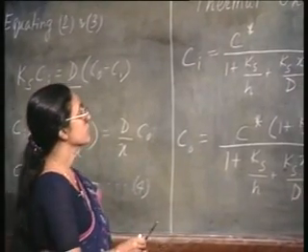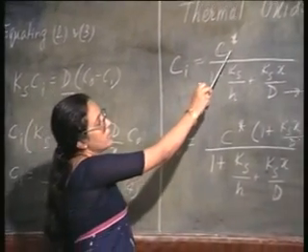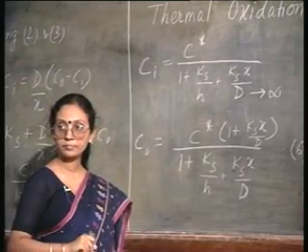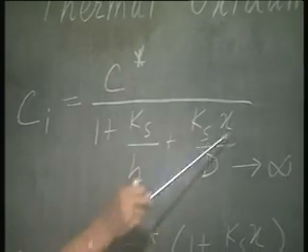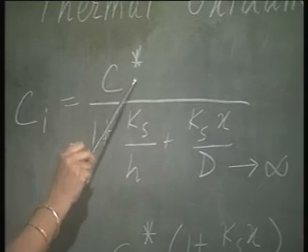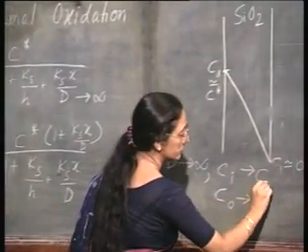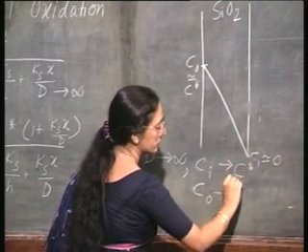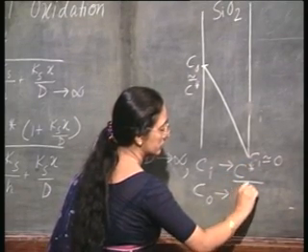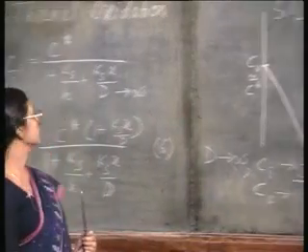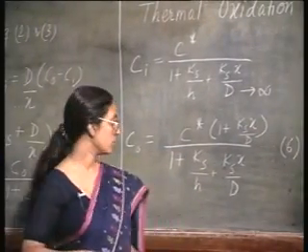then Ci is going to be C star divided by 1 plus Ks by H. This is tending to infinity, this term is 0. So, this is C star divided by 1 plus Ks by H. And what about C naught?